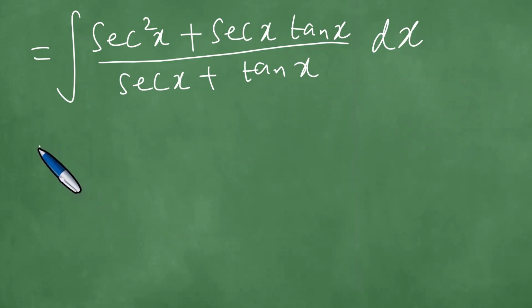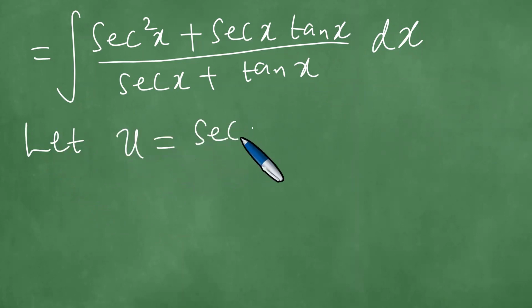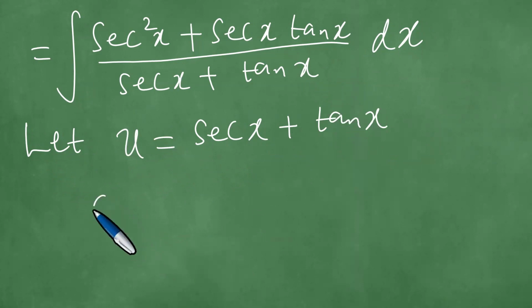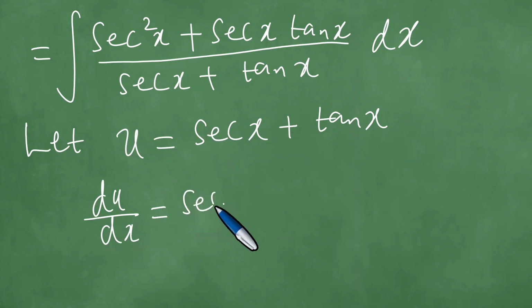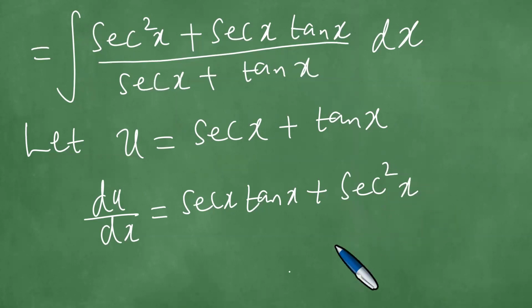Right. At this point, we let u be equal to the secant of x plus the tangent of x, and we evaluate du/dx. The derivative of the secant is the secant of x tangent of x, and the derivative of the tangent of x is the secant squared of x. At this point, we want to make dx the subject of the equation.